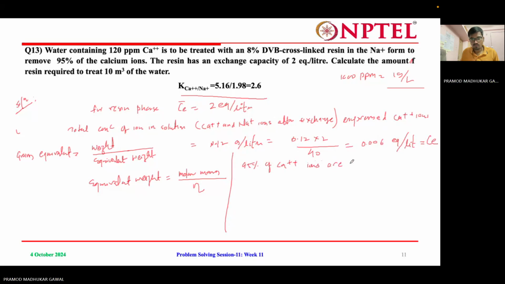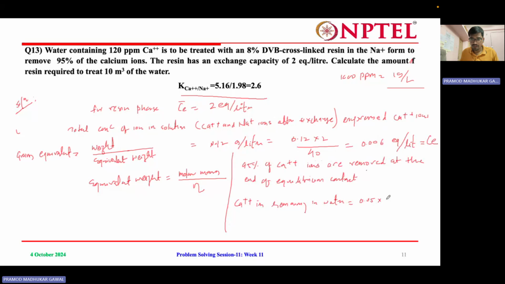Now the Ca2+ ions remaining in the water equal 0.05 into 0.06, right?